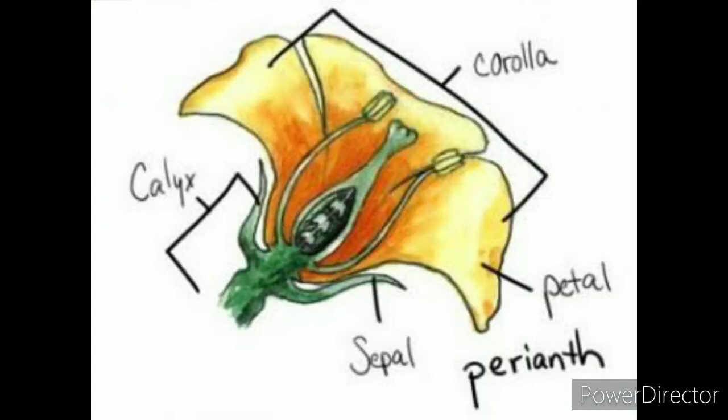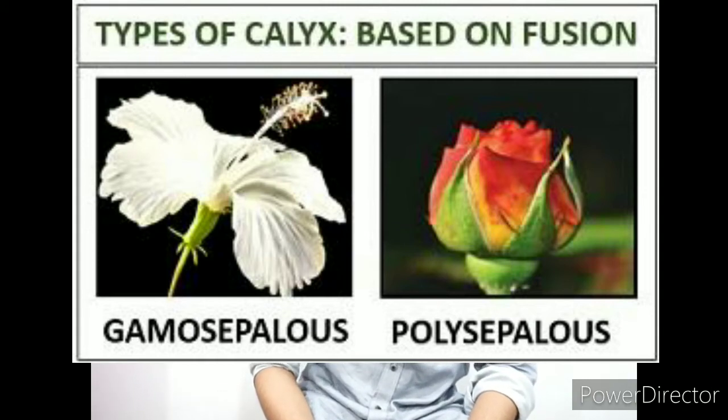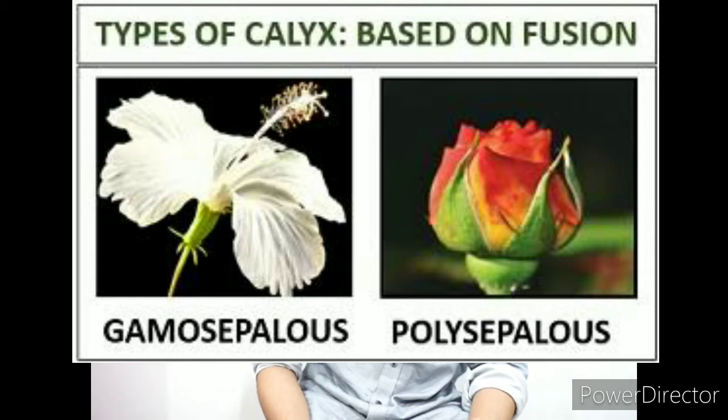Now we look at the next part, which is the calyx. It is the outermost whorl of the flower, and the members are called sepals. Then we have cohesion of sepals. It can be termed as polysepalous or gamosepalous. Polysepalous is when the sepals are free, and gamosepalous is when the sepals are fused.